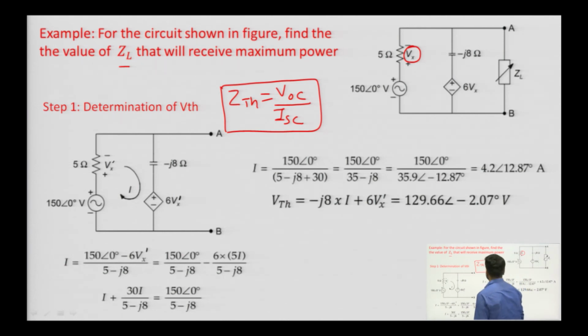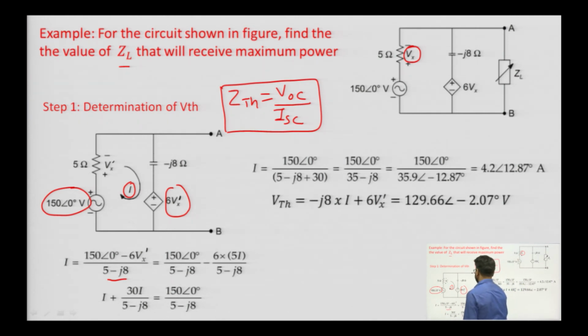So, to find the value of VTH, first we open circuit AB. Now, if you open circuit it, a current I is flowing in the circuit, so I will be equal to 150 minus 6 Vx' divided by 5 minus j8, which is the total impedance.